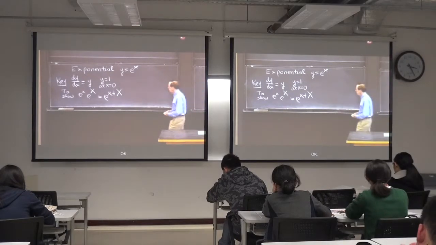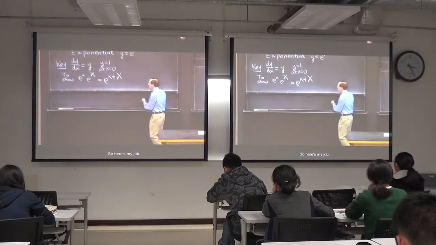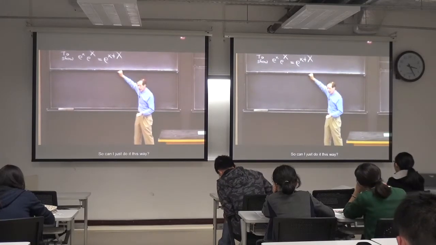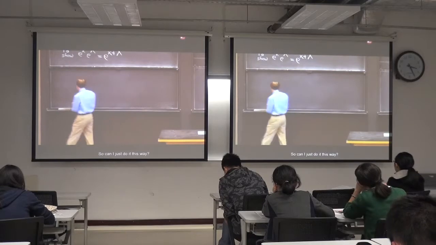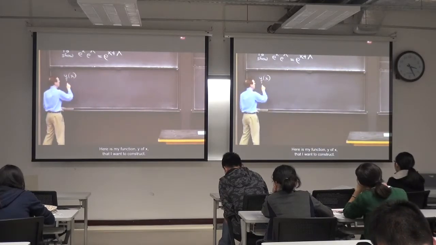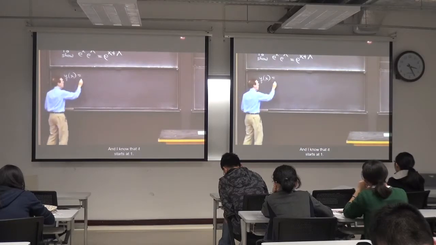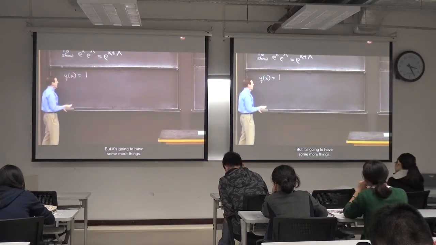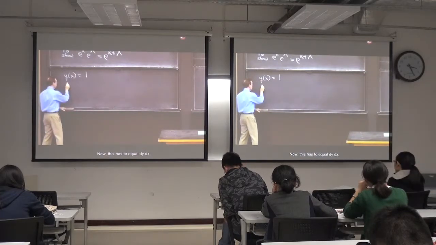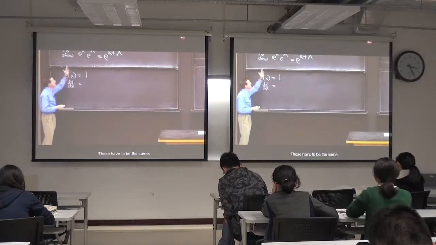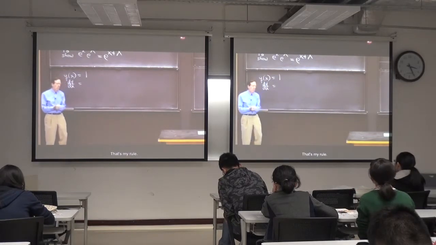Okay, so here's my job. Follow this rule and start at y equal 1. So can I just do it this way? Here's my function y of x that I want to construct. I want to build that function, and I know that it starts at 1, but it's going to have some more things. Now this has to equal dy/dx. These have to be the same. That's my rule.